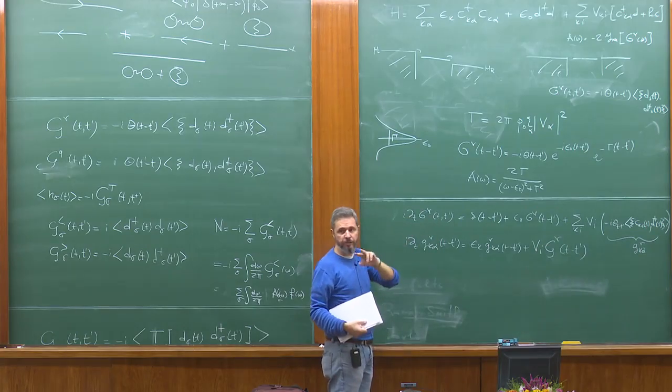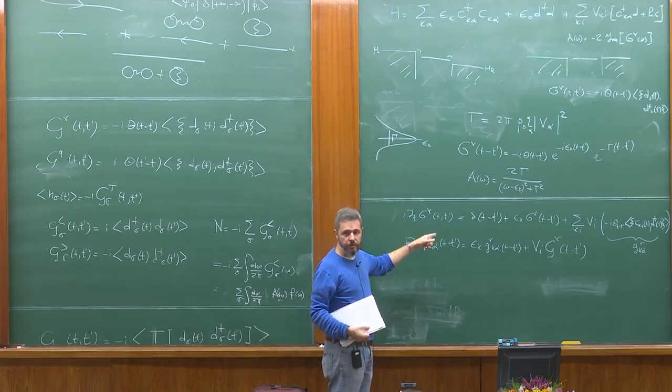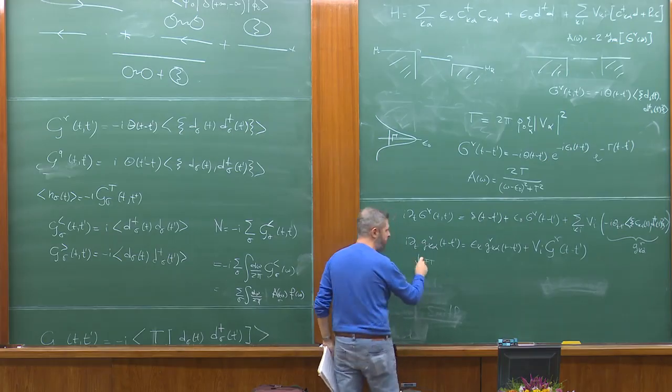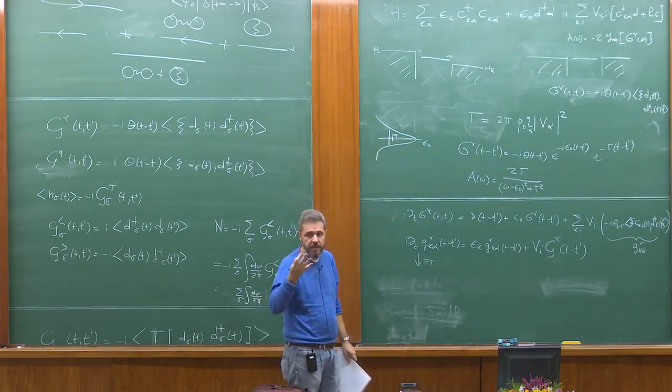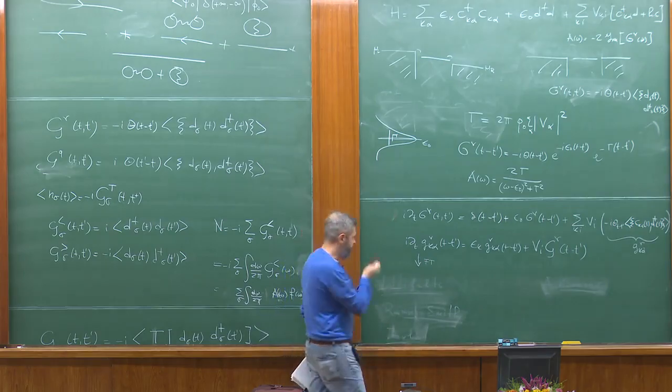Now, if I assume that the problem is time translational invariant, then I can solve these two equations by taking a Fourier transform that makes of these two equations just a set of algebraic equations, and then I solve for G retarded.